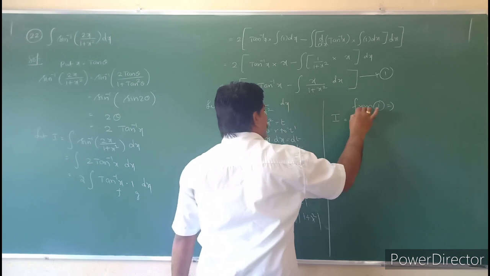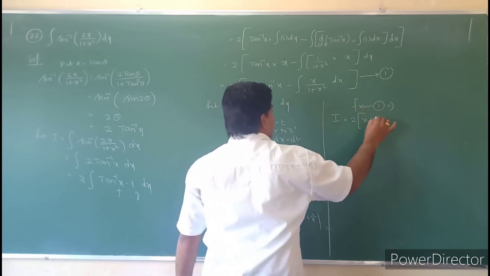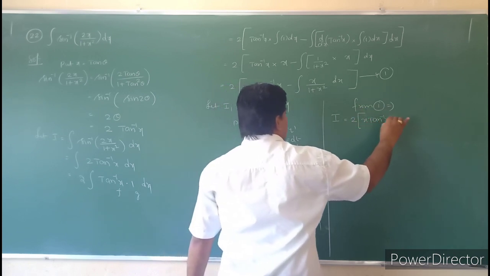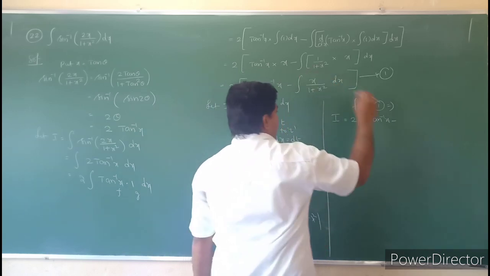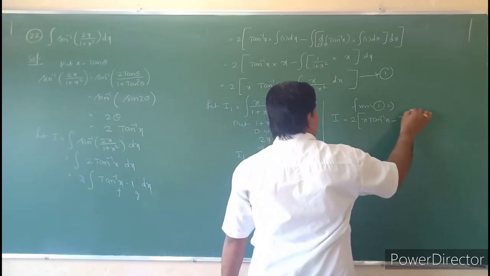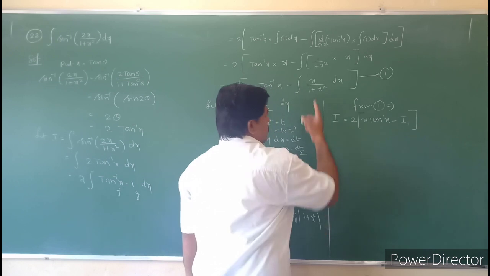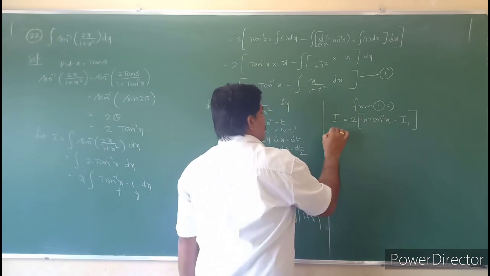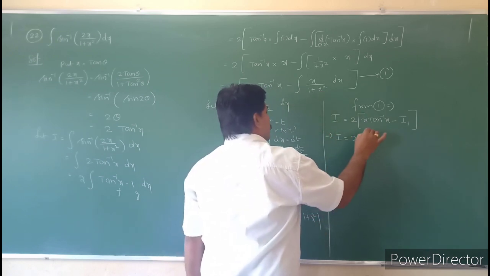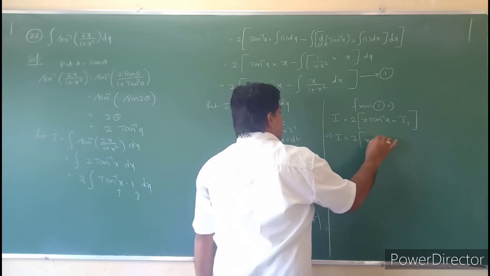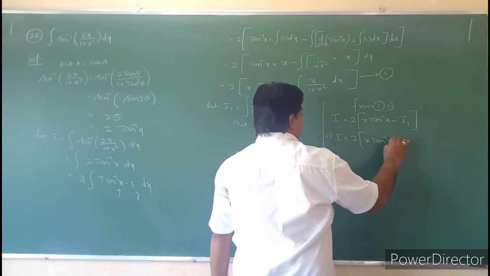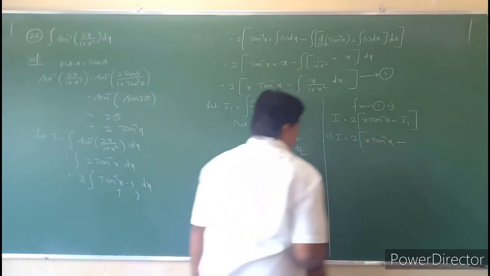I is equal to 2 into x tan inverse x minus this value, I1. So that implies I is equal to 2 into x into tan inverse x minus, what is the I1?